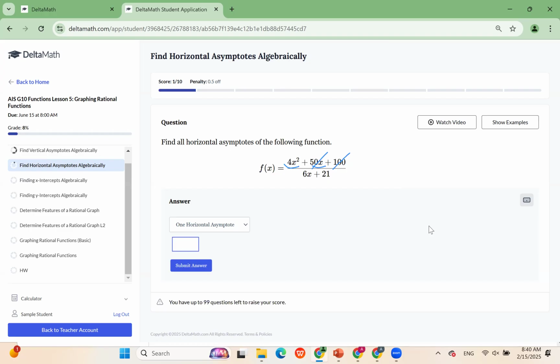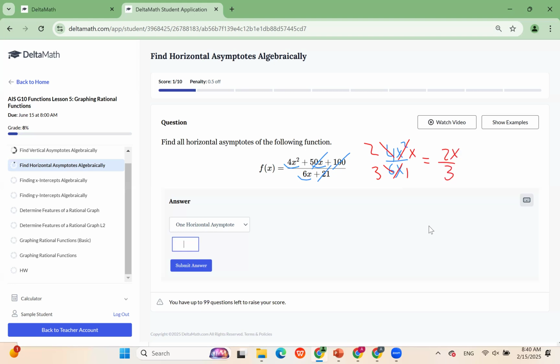In the denominator, we have 6 million plus 21, so this becomes insignificant as well. Now that we've rejected all the insignificant terms, we have 4x squared over 6x. Let's simplify. So this becomes 2 over 3, and these become x over 1. So we have 2x over 3.